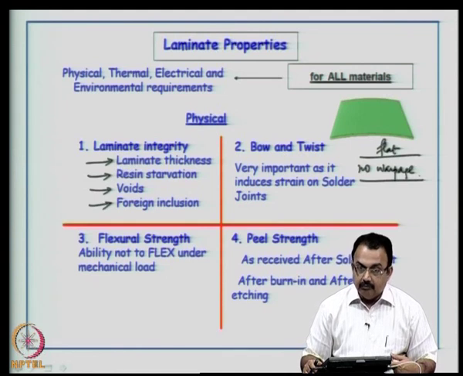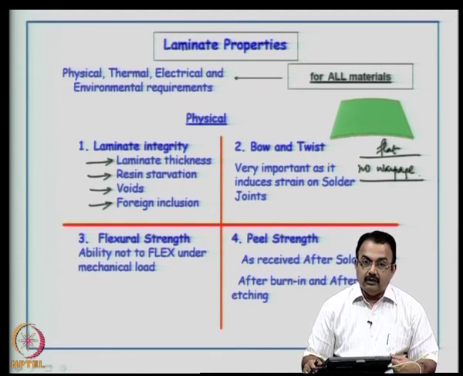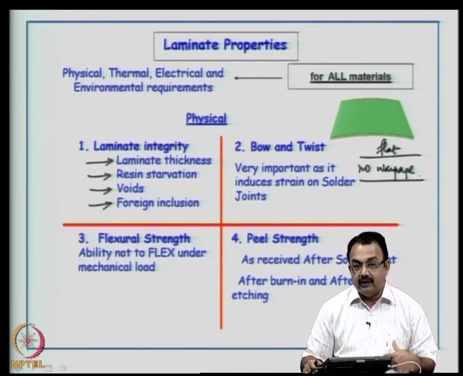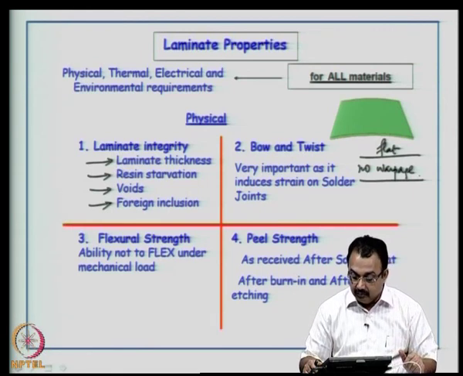Now, the bow and twist property is important because it also indicates how the manufacturing has taken place in terms of the correct thickness of the dielectric and the copper on both sides, if it is a double sided board.